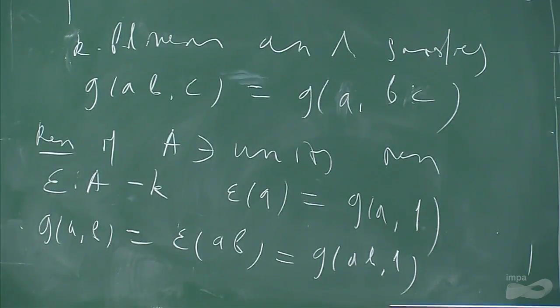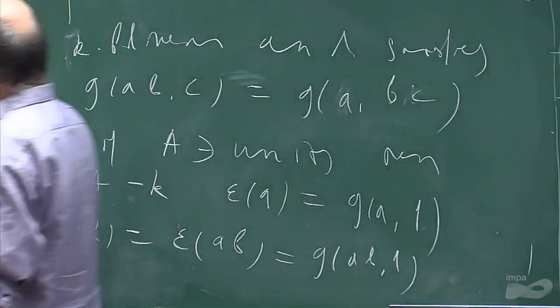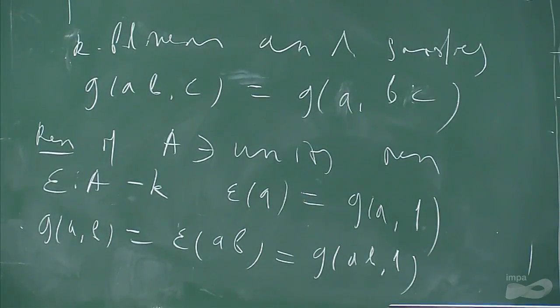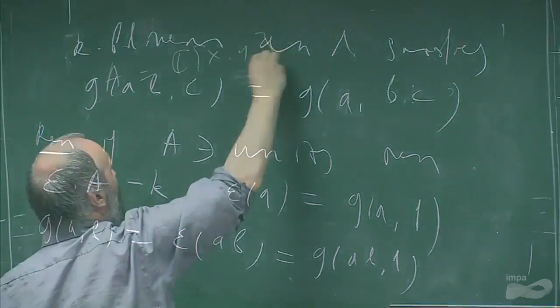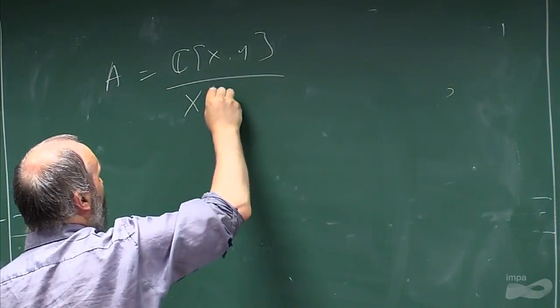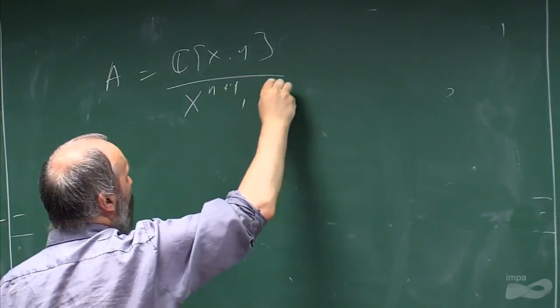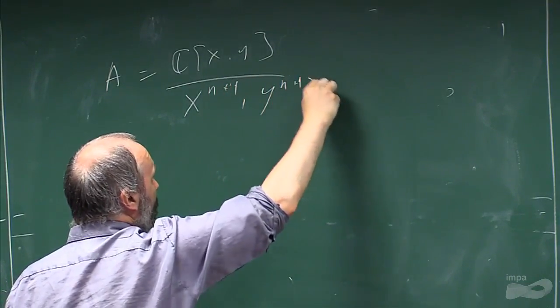So that's an example which makes sense if you know cohomology, and otherwise it's just a silly example. But it's an example. So you have an algebra A, which is equal to C[x,y], quotient by x^(n+1) and y^(n+1).